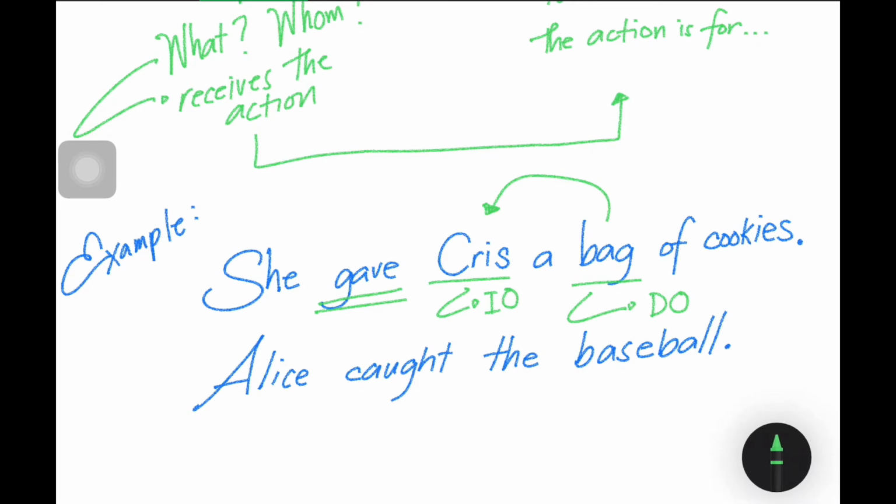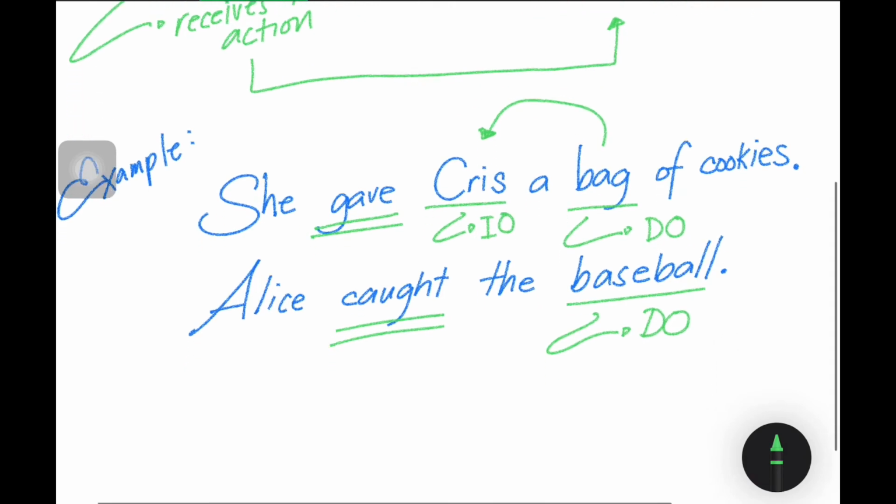Our action verb here is caught, and our direct object is of course baseball, because it answers the question what did Alice catch? Baseball. So baseball is our direct object.